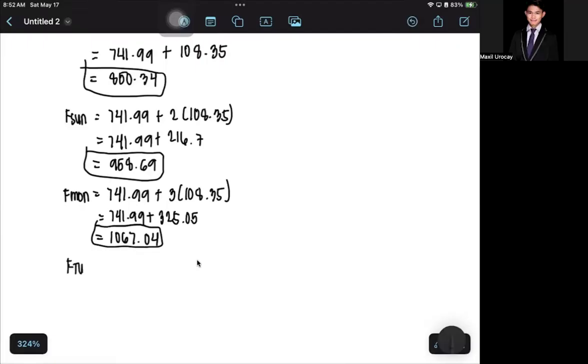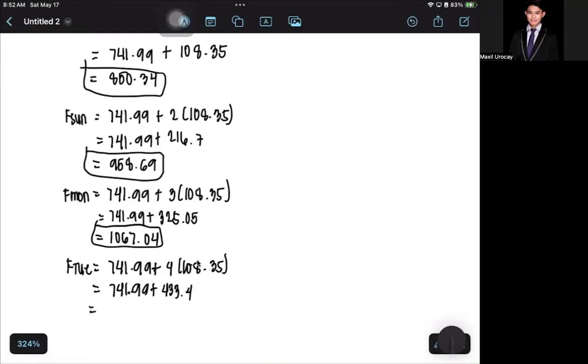And for Tuesday, this will become 741.99 plus 4 times 108.35, which is 433.4.